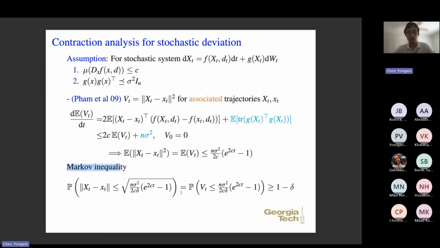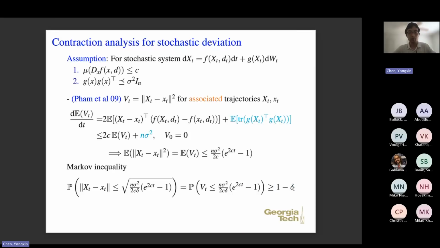You get this result: the probability for the distance to be less than this value here is greater than or equal to 1 minus theta. So this is what we get at this point by just applying contraction theory directly. This is a reasonable result, at least it gives you something.